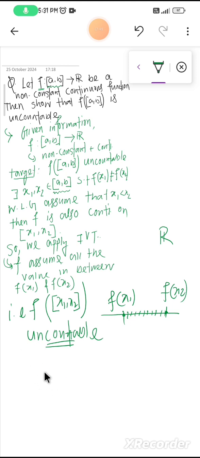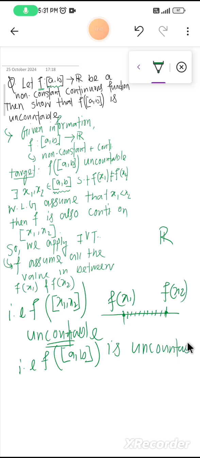If we extend this set, then f of a, b is uncountable. So this proves the theorem. Basically here we apply just the IVT.